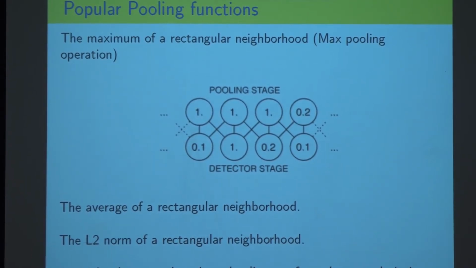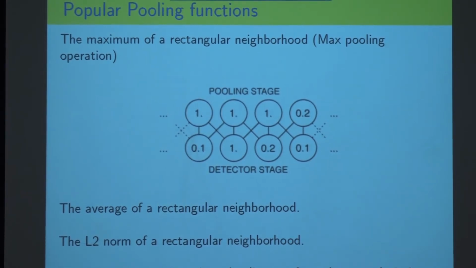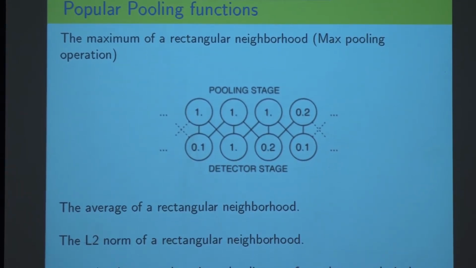I'm going to summarize this data by taking the average of some of the nodes, by taking the L2 norm of some of these nodes. Somehow I'm going to summarize this data. So these are a couple of common ways of pooling.